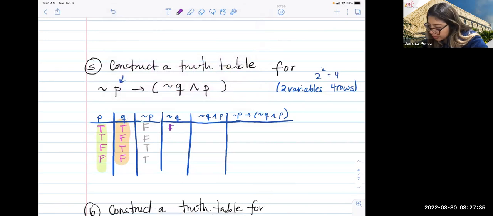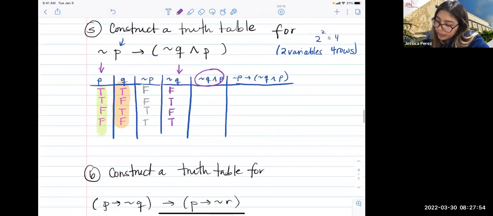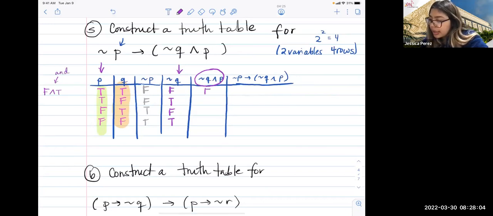So it'd be F, T, F, T. I'm negating Q. Now, this is not Q and P. So I'm looking at this column and this column. So I'm going F and T. If I look at the truth table for an AND statement, F and T, that's going to give me an F.